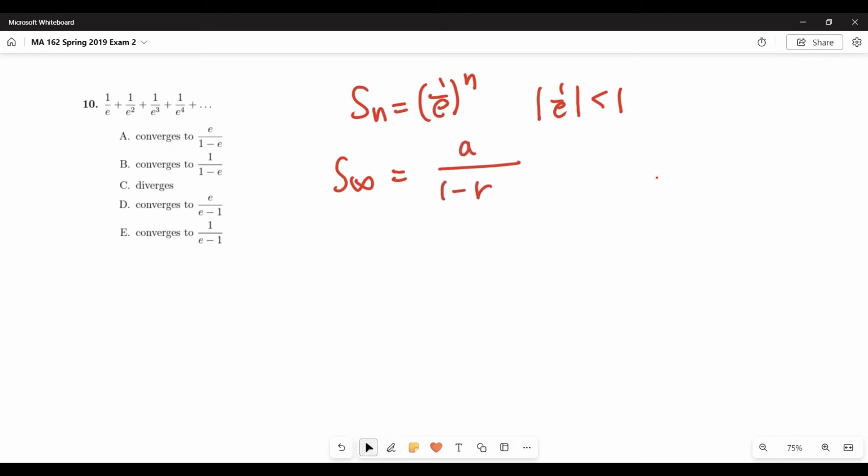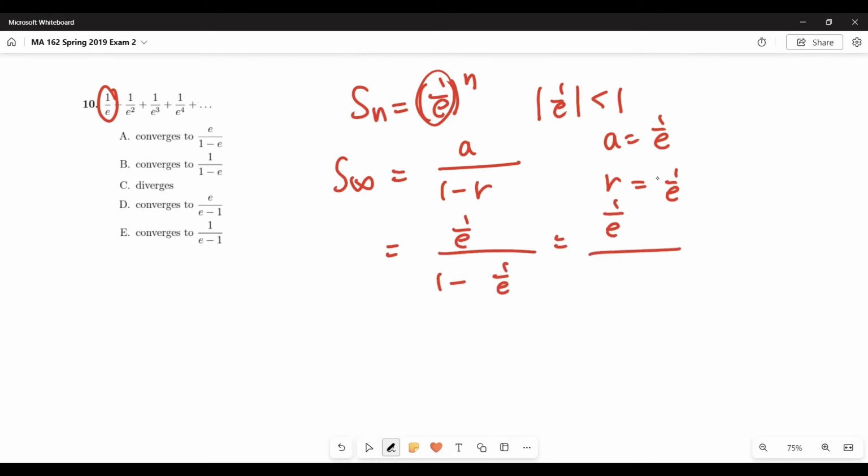In this case, the first value is 1 over e, so a is 1 over e. r is the ratio that it's repeating, which is 1 over e as well. So this is 1 over e over 1 minus 1 over e. So 1 over e over e minus 1 over e. This becomes 1 over e minus 1. So this value actually converges to 1 over e minus 1.